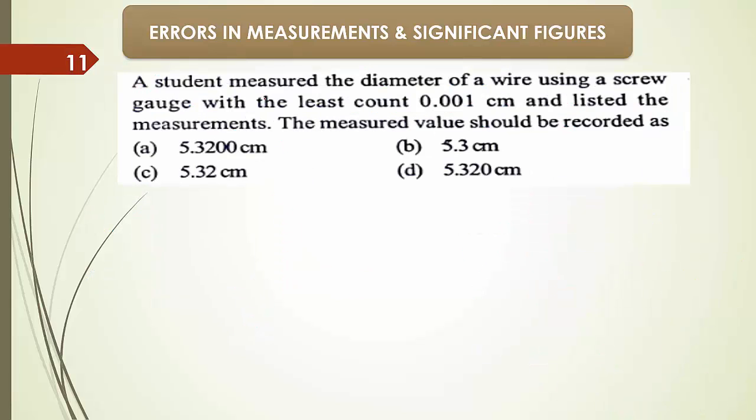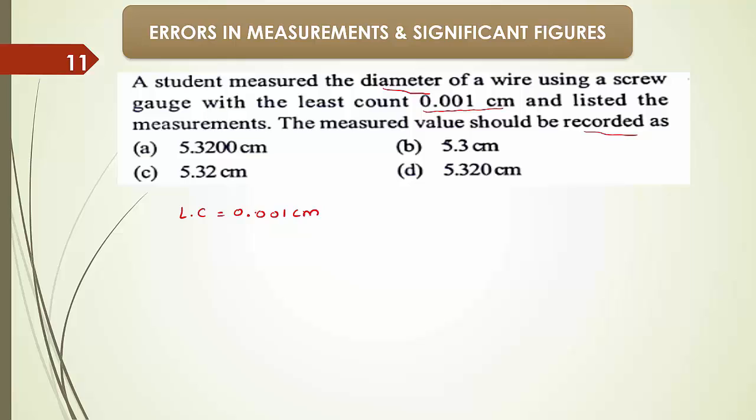11th question. A student measured the diameter of a wire using a screw gauge with least count 0.001 centimeter and listed the measurements. The measured value should be recorded as... See here, the least count of the screw gauge is given. We can take LC equal to 0.001 centimeter.